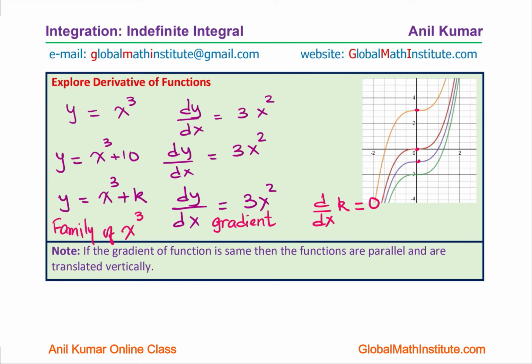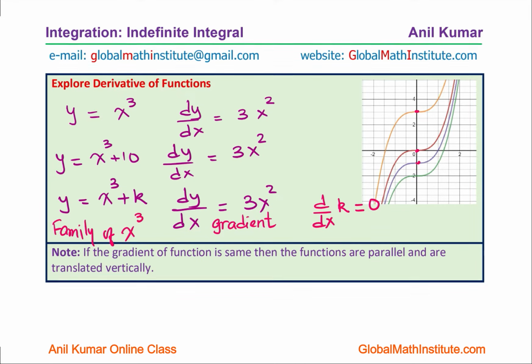So if the derivative is same, slope at every point is same, the gradient is same, then the function which we are finding derivative of belongs to a family which is vertically translated as you have seen here. Perfect, right? So let's move on and see. Can we do the reverse operation? That is to say, can we get the function itself from the derivative? Well, let's look into that part now.